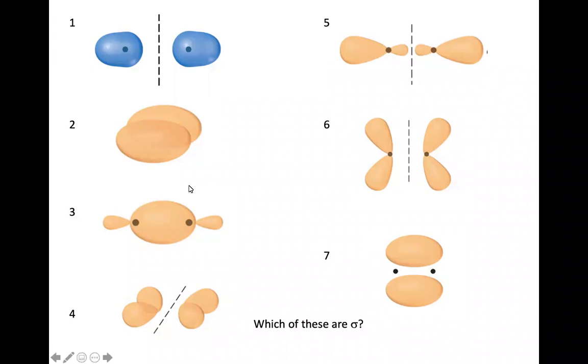There are 7 different images. Which of these do you think are designating sigma arrangements? In this one, select all that apply. Which of these do you think have electron density? If it's sigma, that means along the internuclear axis.